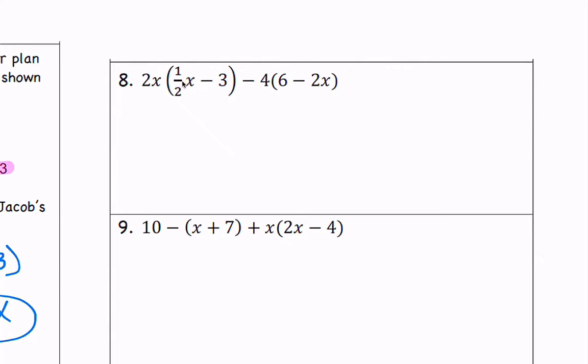On this next problem, I have two different sets of parentheses, which means I'll have to distribute twice. So first I'm going to distribute this 2x. I'm going to take 2x and multiply it by 1/2 x. Well, first I know that 2 times 1/2 is just 1. I know that x times x is x squared.